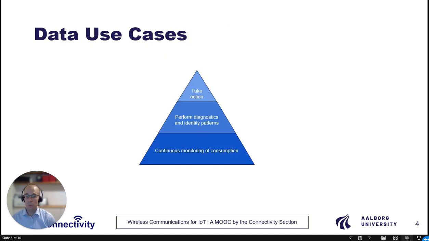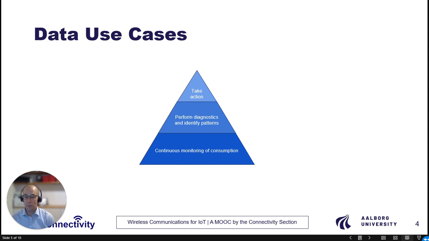I usually also explain this relationship with this simple triangle, which is loosely inspired from Maslow's hierarchy of needs. If a utility wishes to act upon data, for example, perform various improvements in the production of clean drinking water, they need to be able to identify certain patterns related to this optimization that they wish to perform in the data received from their smart meters.